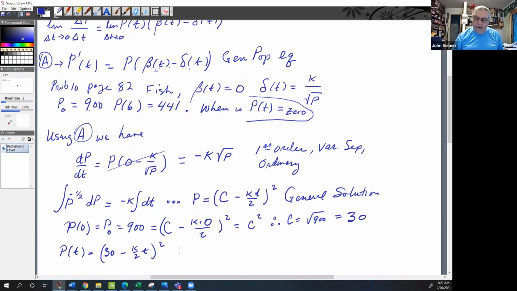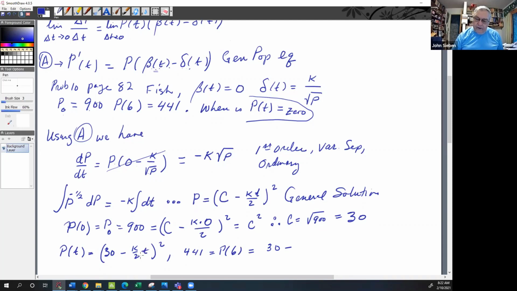And we can evaluate K also because we know that 441 is equal to P of 6, which would be 30 minus, now this is going to be T equals 6.